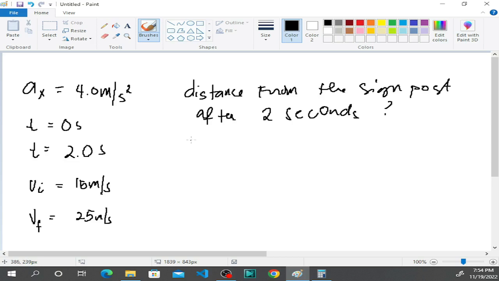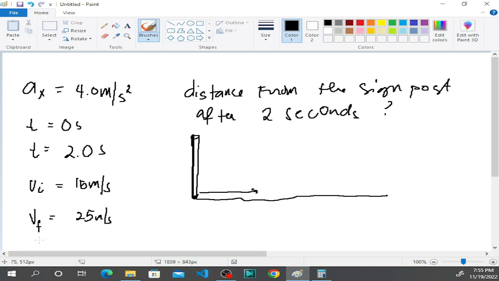So the signpost is here. You can actually draw it. Let's say for example I have a post here, and then there is the road right here, and then we have the cycle, and that's the initial velocity.